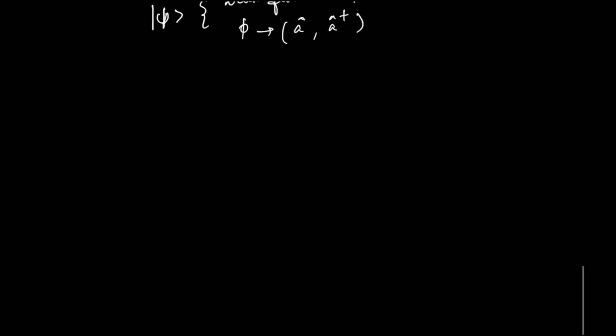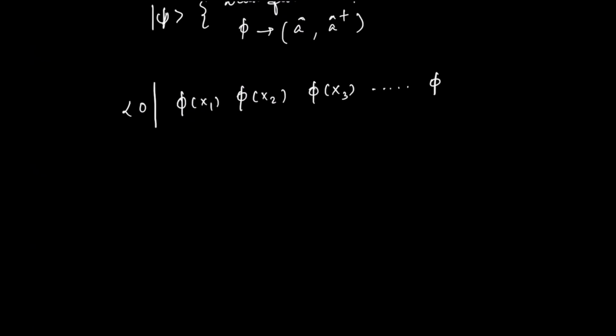So instead of an arbitrary state psi, if I am using the vacuum, then I have phi of x1, phi of x2, phi of x3, up to phi of xn. My claim is that I can factorize it into sums of products of 2-point functions. Why?